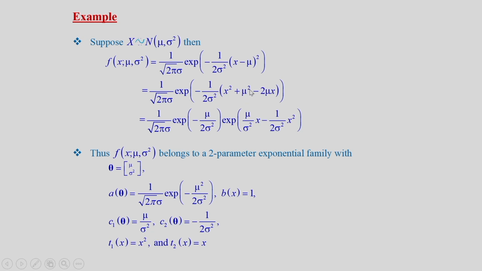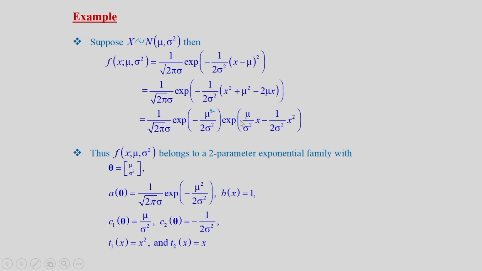Now, this mu square term we can take outside. So, it will be 1 by root over 2 pi sigma into exponential of minus mu square by 2 sigma square, into exponential of mu by sigma square x, this part, minus, because of this minus sign, 1 by 2 sigma square into x square.